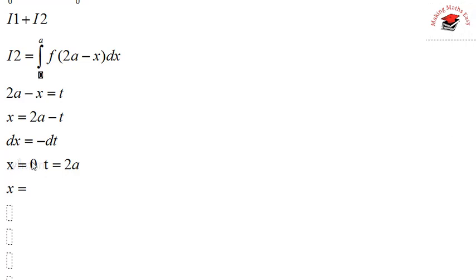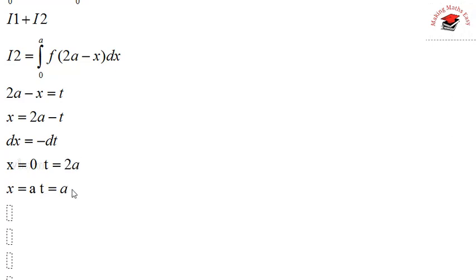So when I put the lower limit as 0, my value of t will be equal to 2a. When I put the upper limit equal to a, the value of t will be a. So the limits of integration are a to 2a.